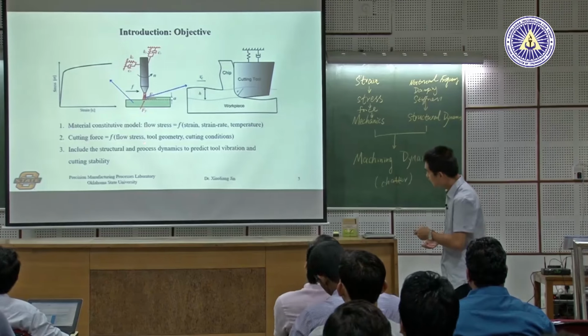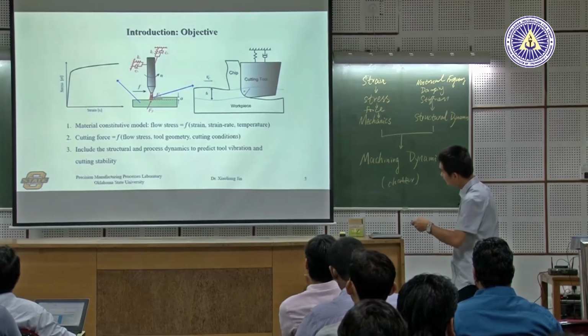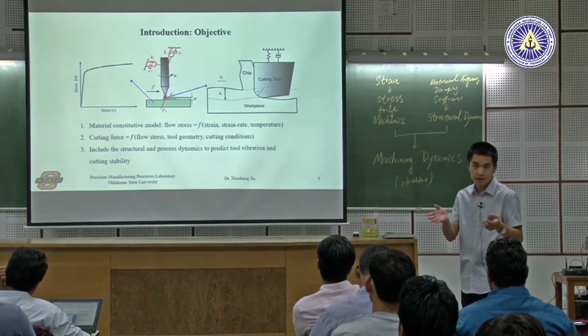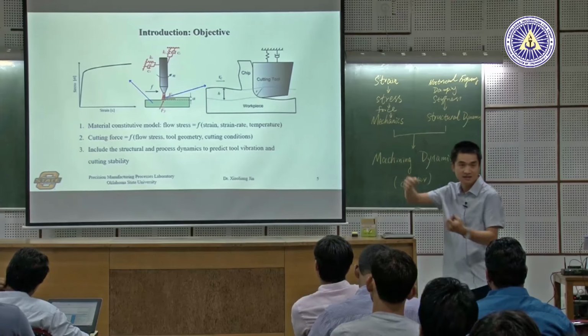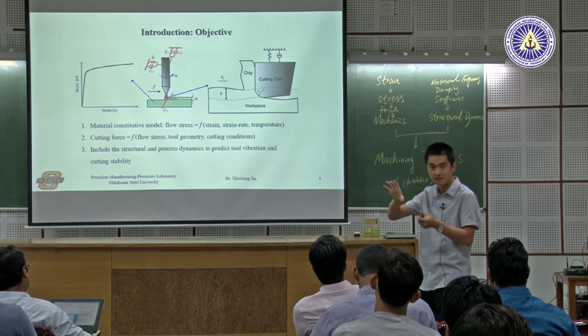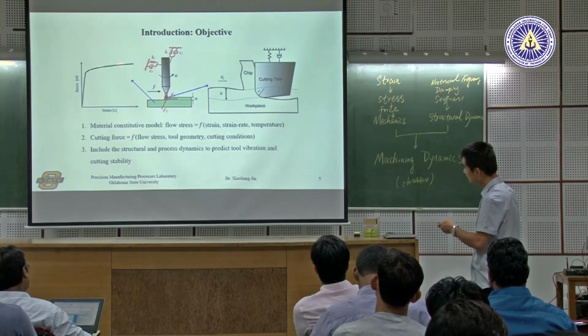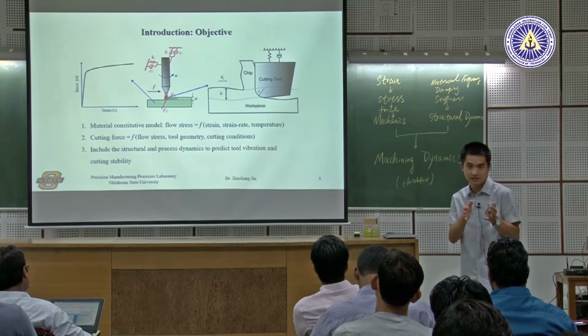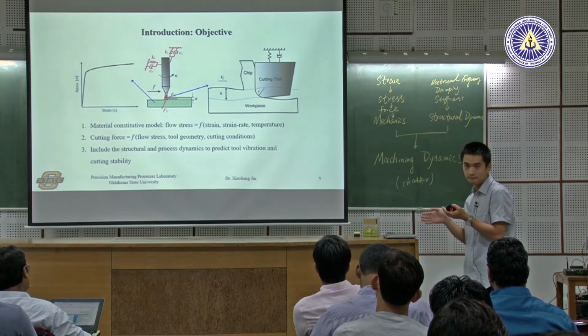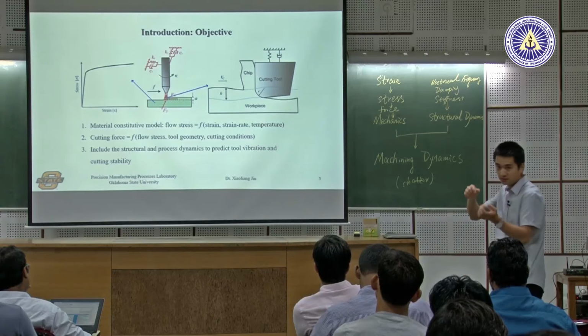And from this constitutive model, when we want to obtain the stress-strain relationship for a certain material, how do we do that? We put it in a tensile test instrument, apply a certain load and measure the displacement. Then we are able to get this curve. But those data cannot be applied to machining. Why?